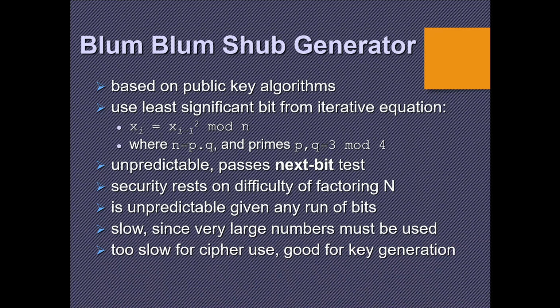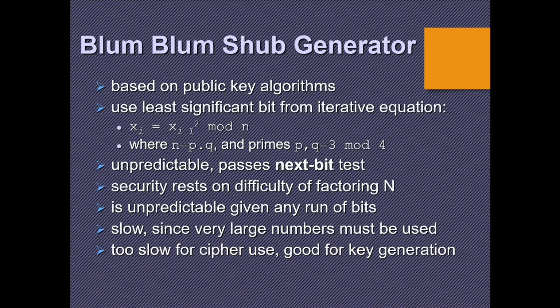It is based on public key algorithms and hence is very slow. Though slow, it has a high level of security. It is referred to as a cryptographically secure pseudo-random bit generator, which in practice is unpredictable.